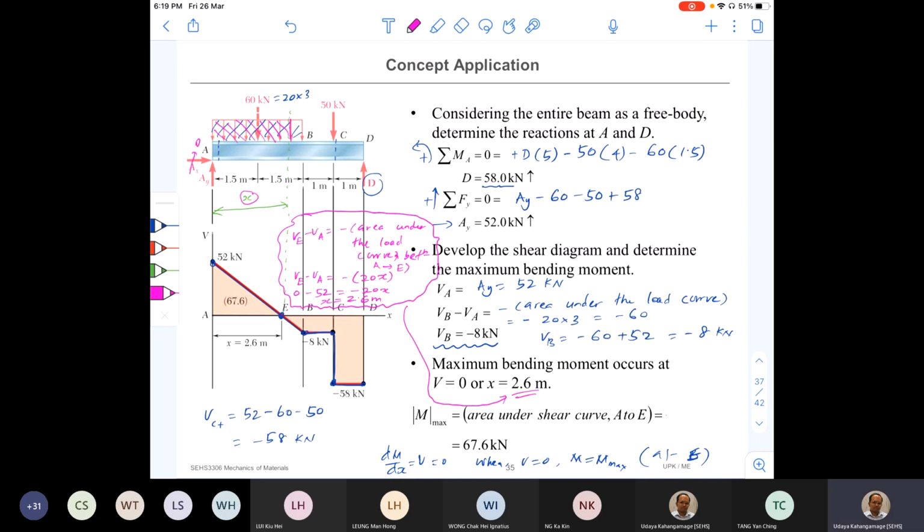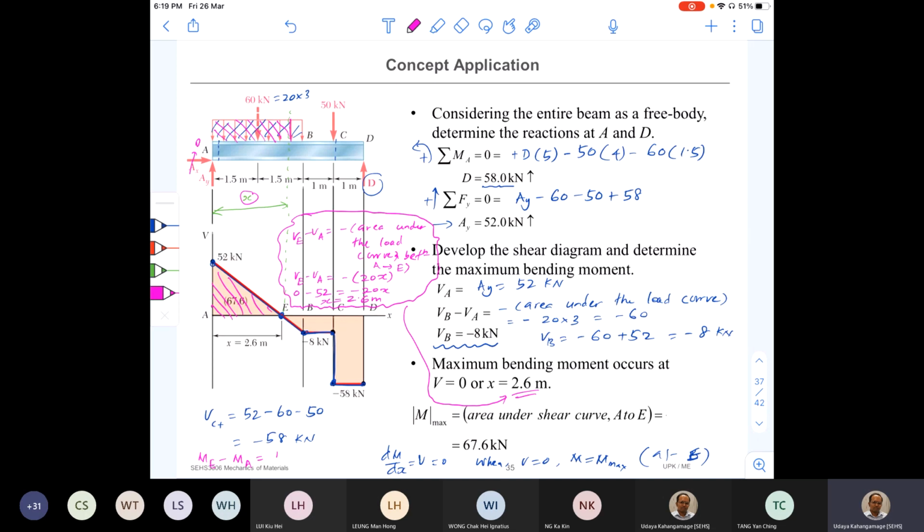Okay, right. So at that point, bending moment is maximum. By observation, I can say that at point A, bending moment is 0. So the bending moment between A and E, that is ME minus MA, is equal to the area under the shear force curve, right? So shall I write that one here? ME minus MA should be equal to the area under the curve.